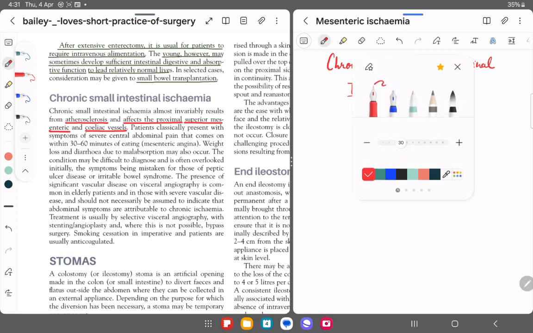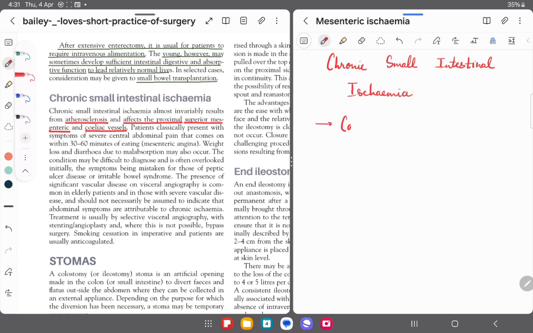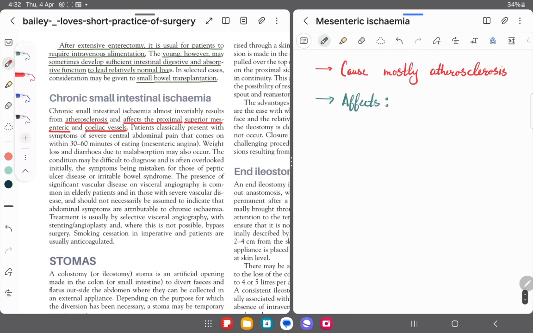So the cause is mostly atherosclerosis, and it affects proximal superior mesenteric and celiac vessels.